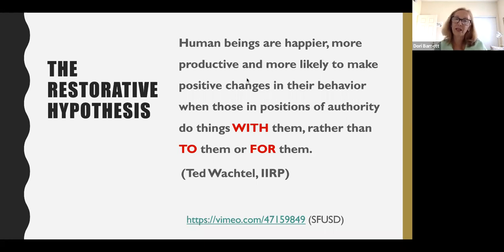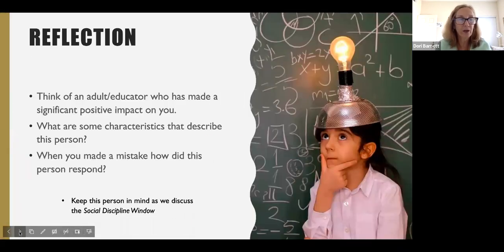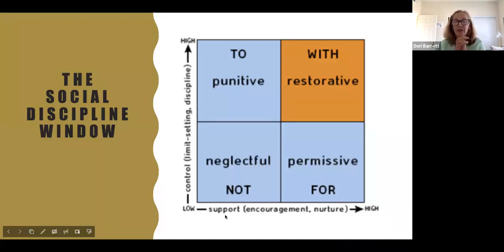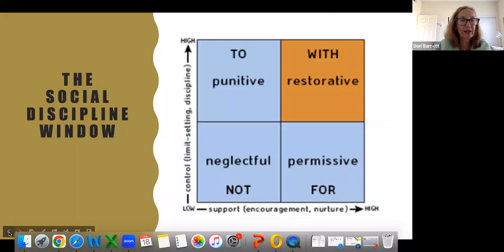And we'll see how this plays out as we move through our discussion today and some of the practices. But keep in mind, a restorative approach is doing things with students rather than to or for them, which leads us to something called the social discipline window. I'm going to go back one slide.